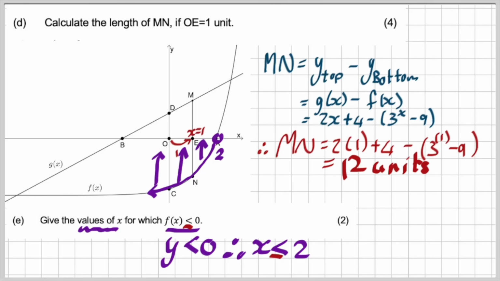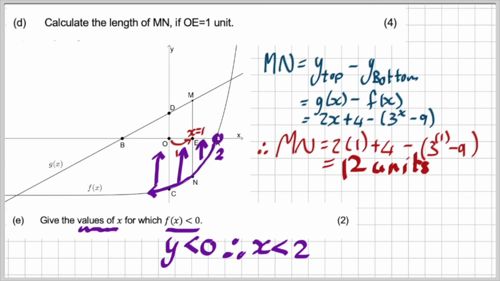If it was equal, I would have put equal there as well. So it's always important to take a question, relate it back to your graph, and then see how it works in that way. Woo! I love this question, ladies and gentlemen.